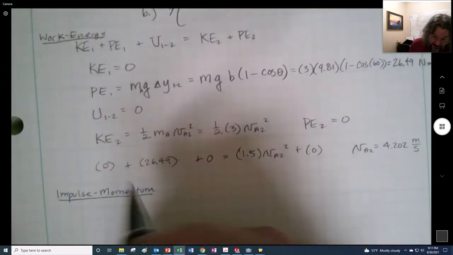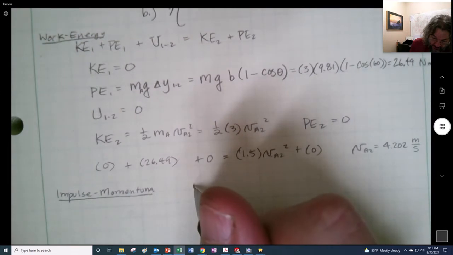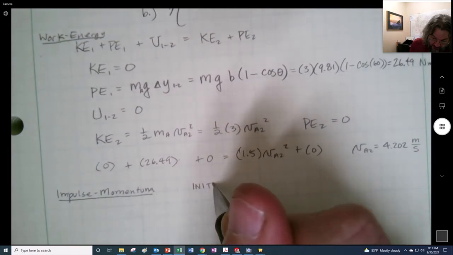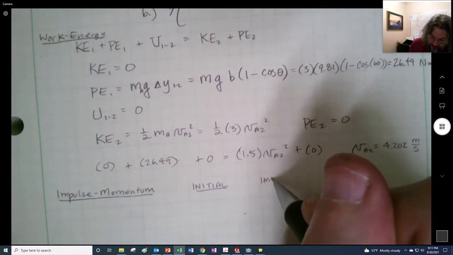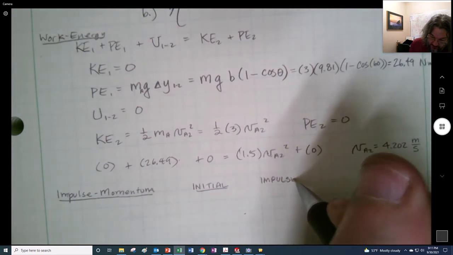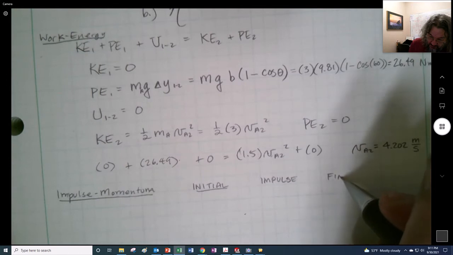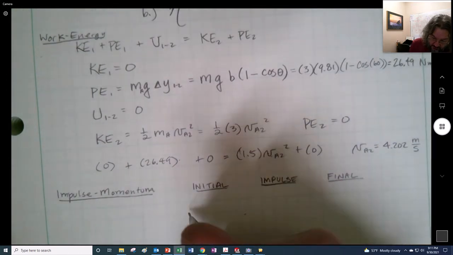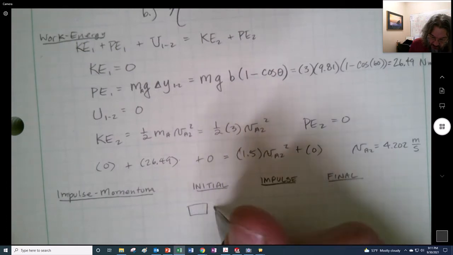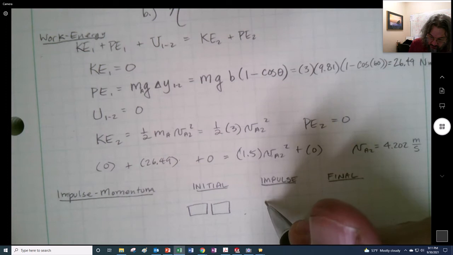In a diagram we have the initial, the impulse, and then the final. I'm just going to draw it locally. We don't have to draw the whole big thing.